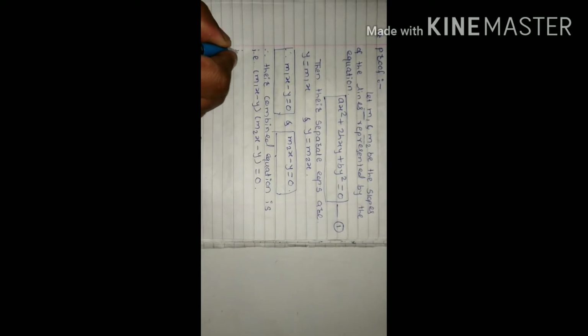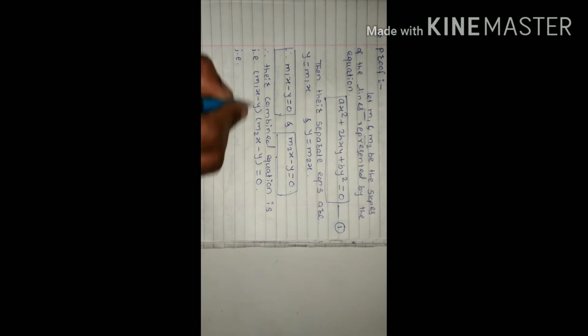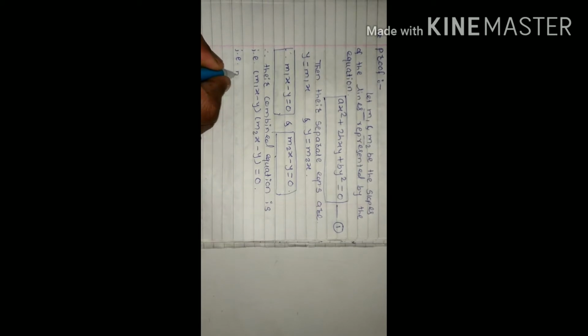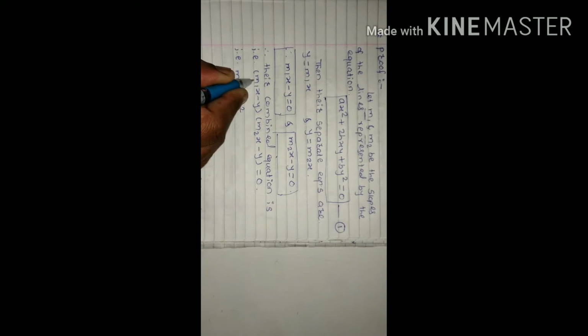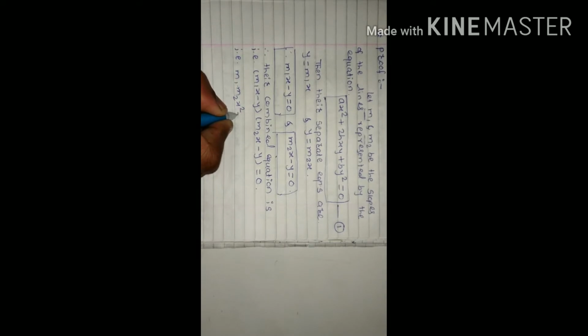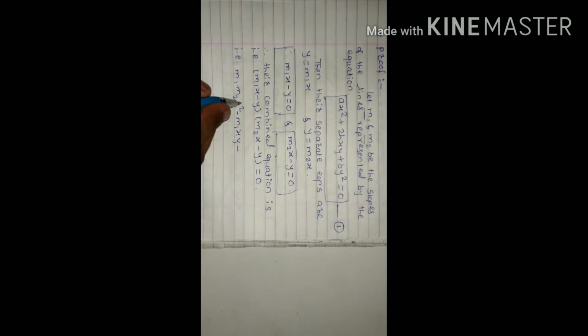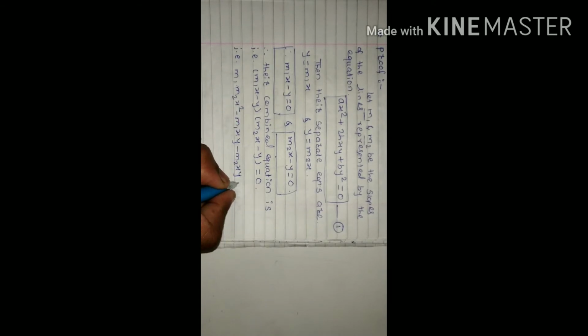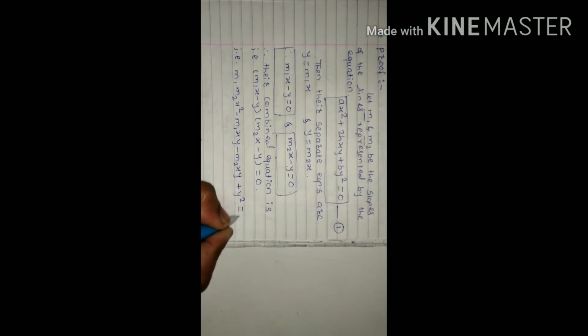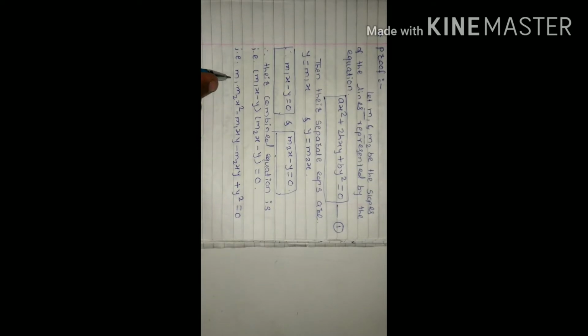We multiply and get m1 into m2 x square, then m1x into minus y, that is minus m1 into xy, then minus y into m2x, that is minus m2 into xy, then minus y into minus y, that is plus y square is equal to 0.